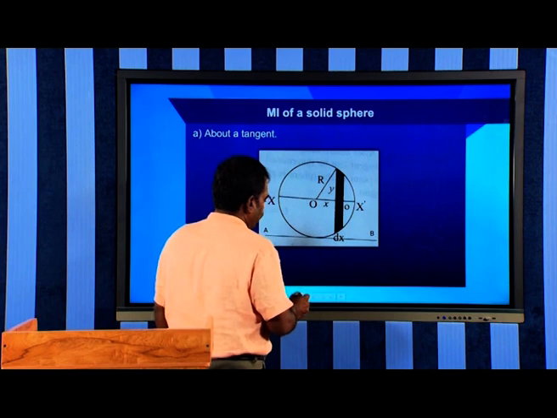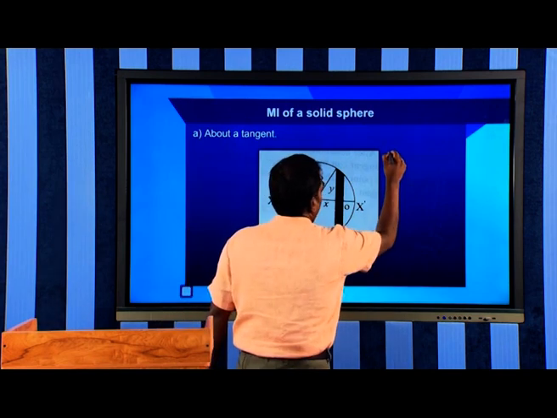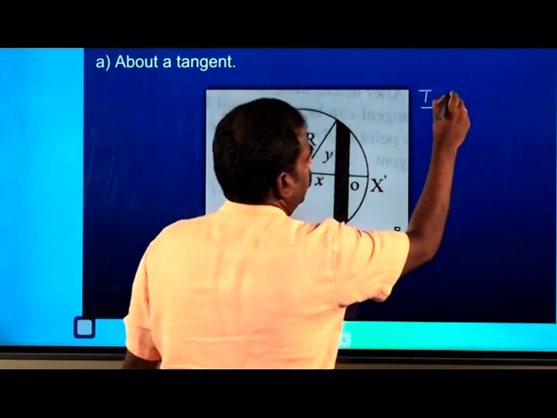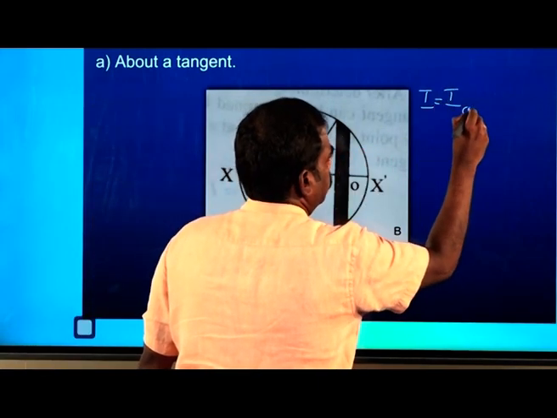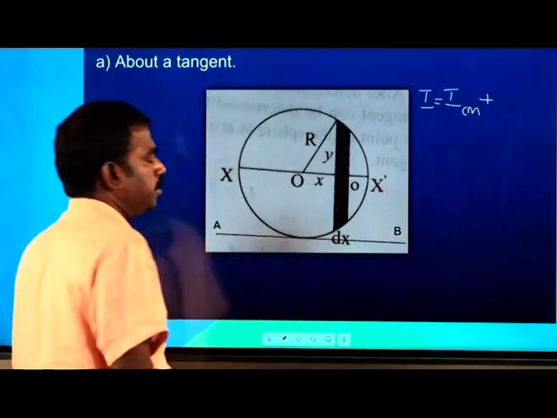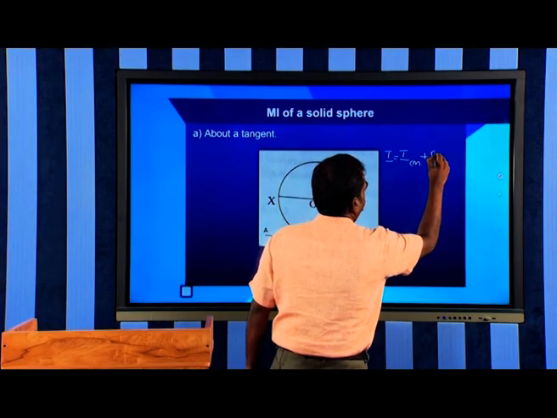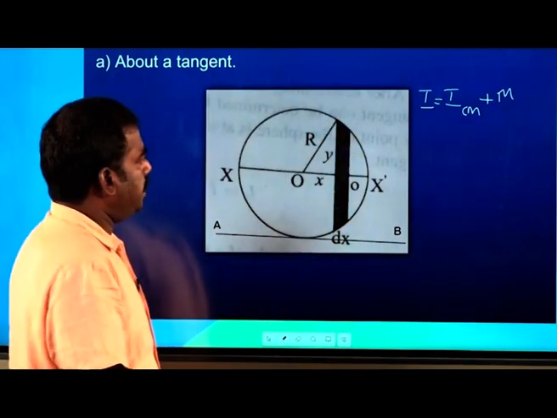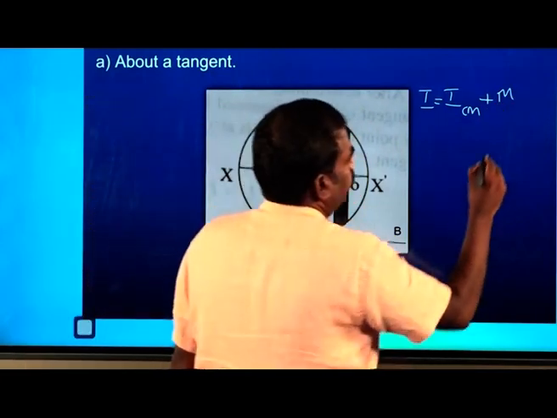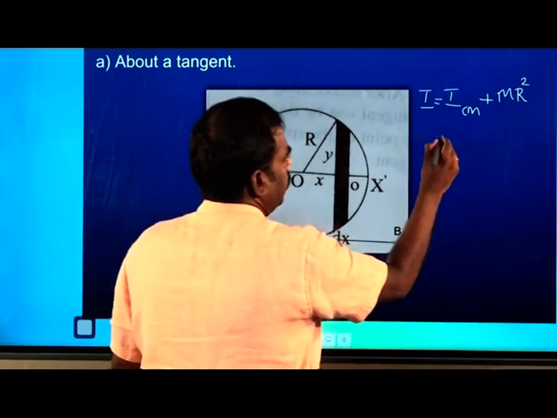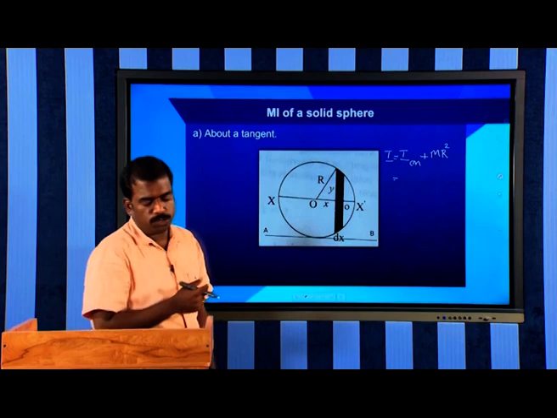The moment of inertia of the sphere about the tangent I is equal to the moment of inertia of the sphere about x or x dash, which is I CM, plus the mass of the sphere, m, into the square of the distance between the axes, which is nothing but the radius, m r square. So, what is I CM? What is the moment of inertia about x or x dash?